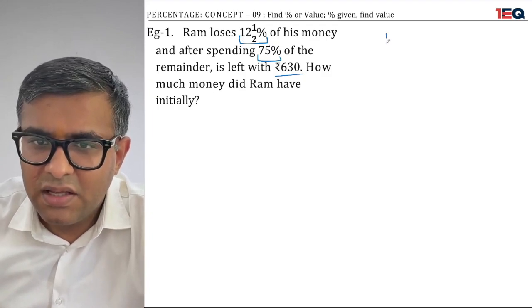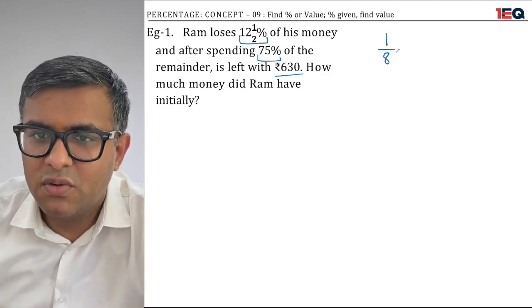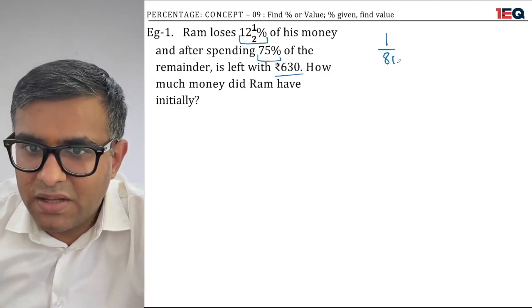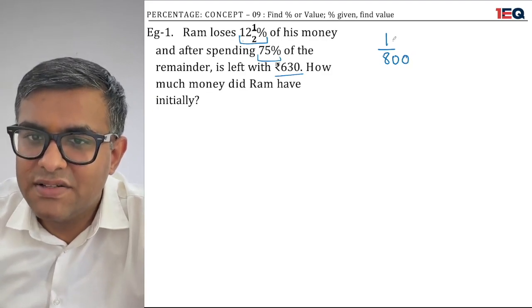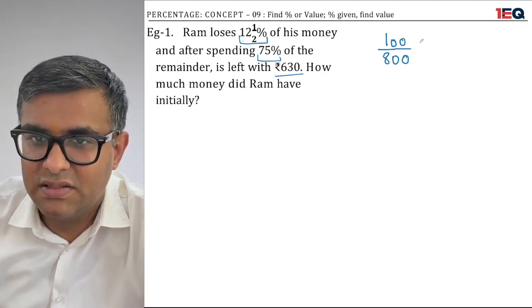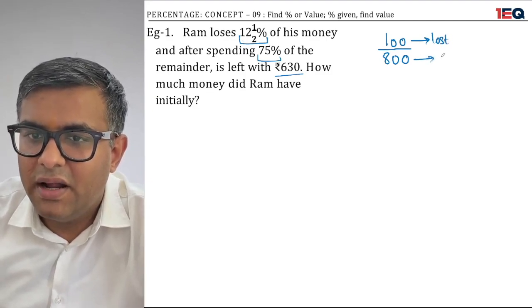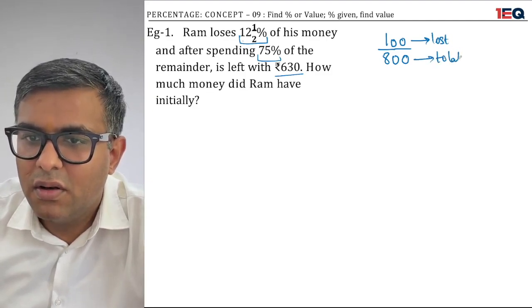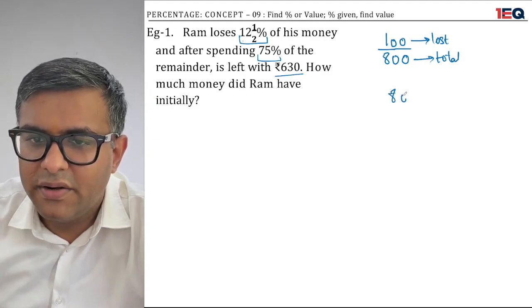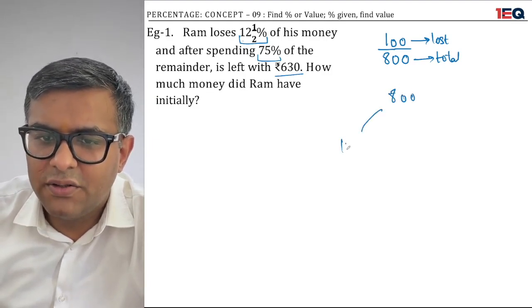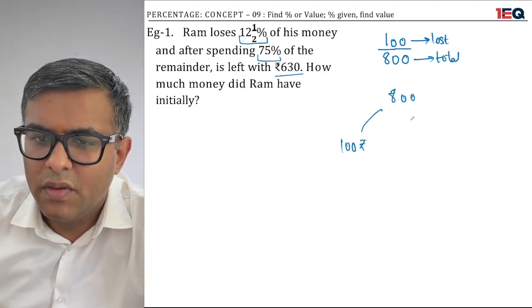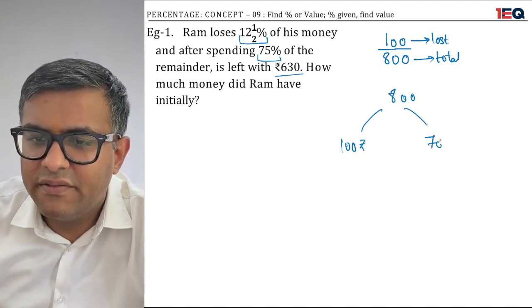It means he has lost 1 by 8 of his total money. I can assume that he had 800 rupees, and he lost 100 rupees. So from 800, he lost 100 rupees and he had 700 left.